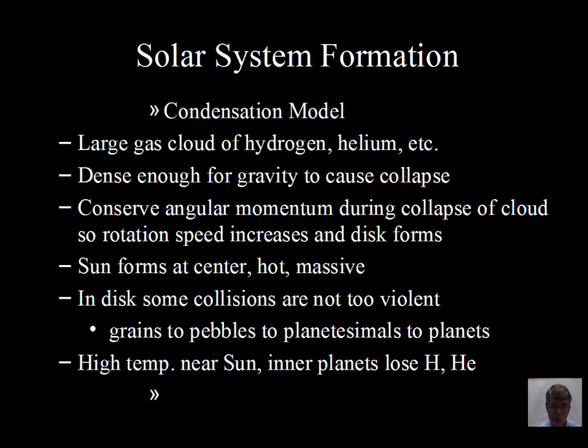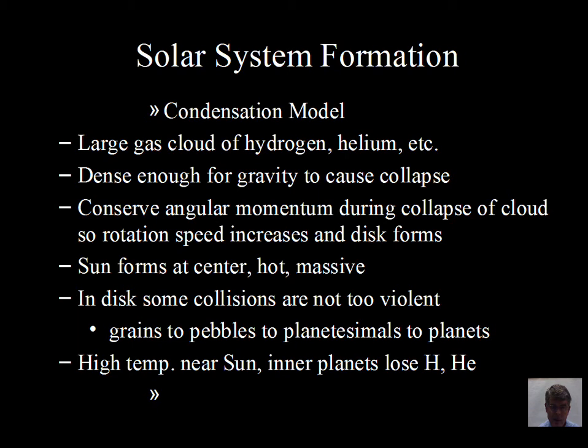The sun is forming at the center, very hot, very massive, but in the disk we have material moving sometimes up, sometimes down through the plane of the disk. And if these collisions are not too rapid, too much speed, then the particles can build up.